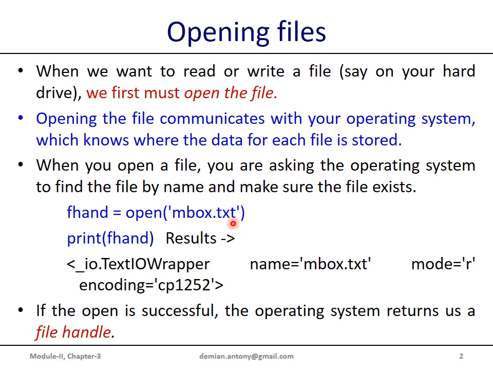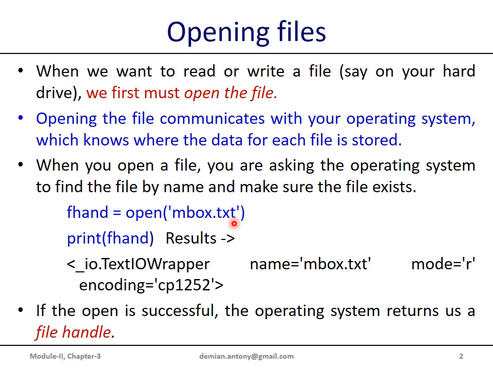The file name can be a fully qualified file name, or you can specify just a file name with omitting the complete path. If the file contains in the current working directory, then you don't have to specify the complete path.